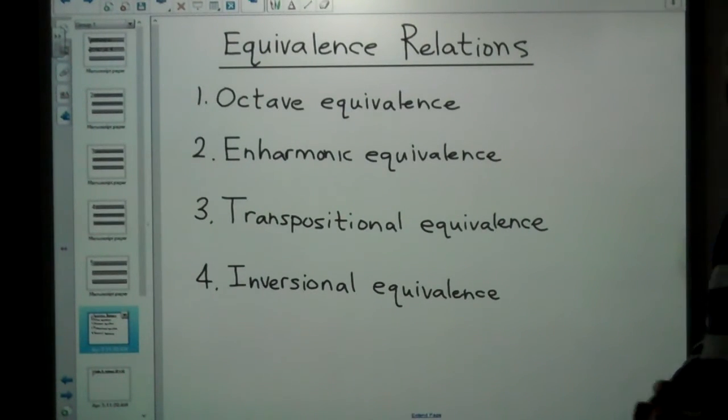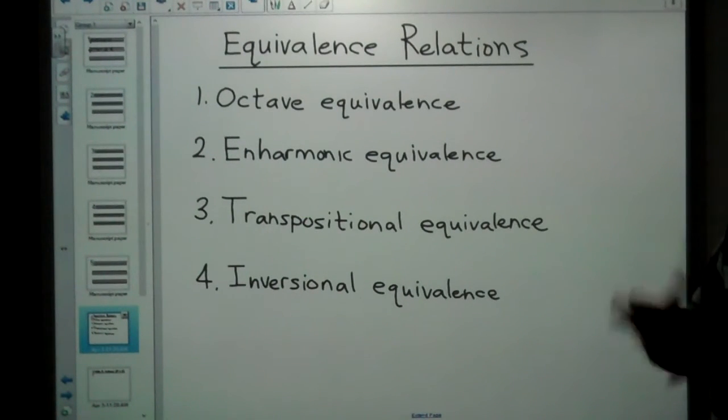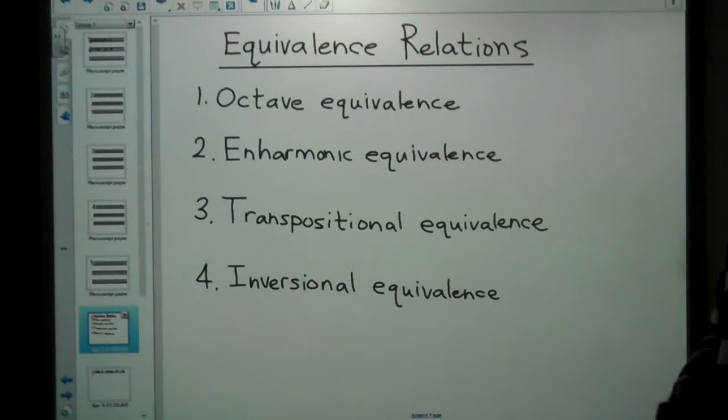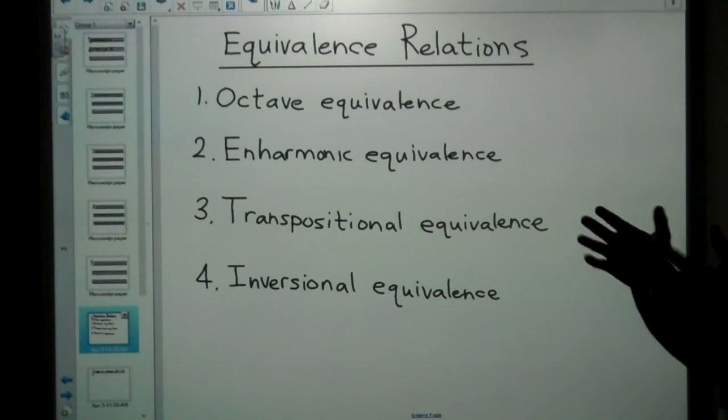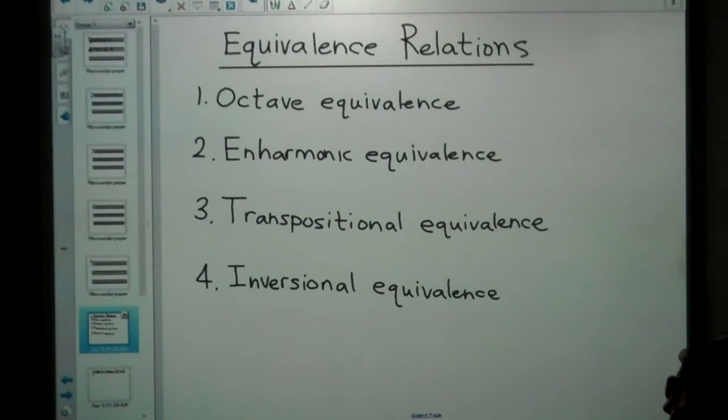Inversional equivalence is a little bit trickier to understand. Inversional equivalence basically says that if a song or a tune with its certain intervals is played upside down, in other words, it contains the same intervals as the original tune or melody that we're familiar with, but the intervals go down instead of up, or up instead of down, even that type of song would be equivalent to the original song because the intervallic content of the song, in other words, the distance between the pitches, is identical.